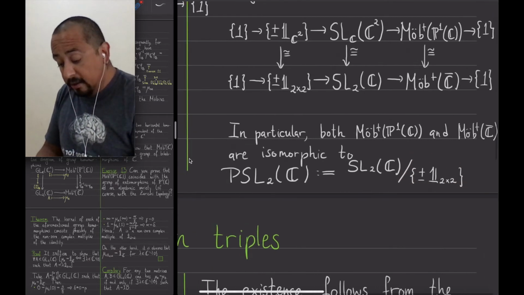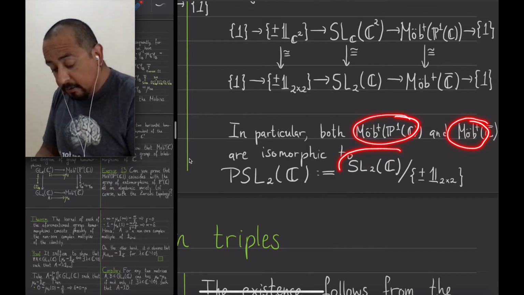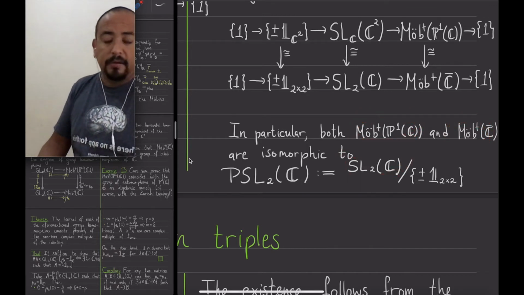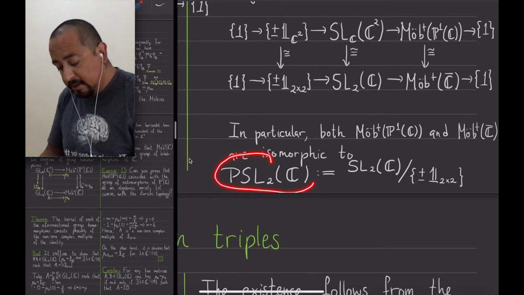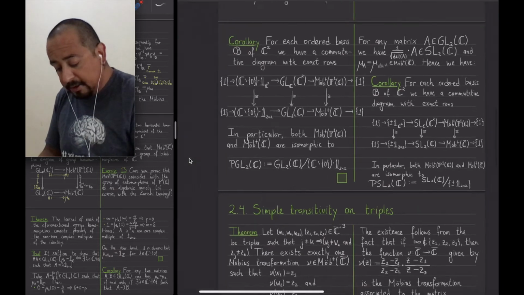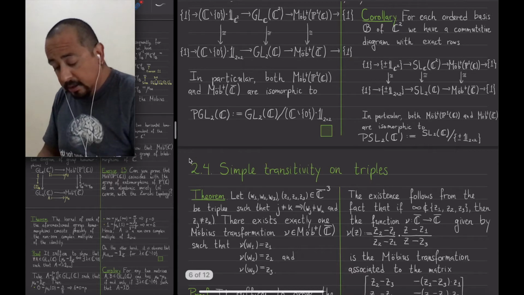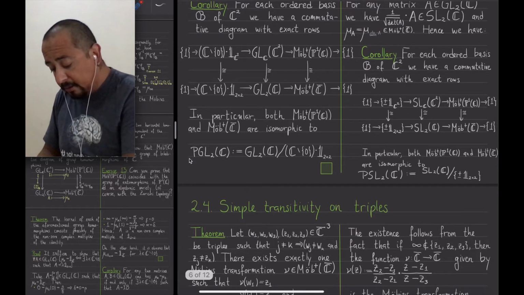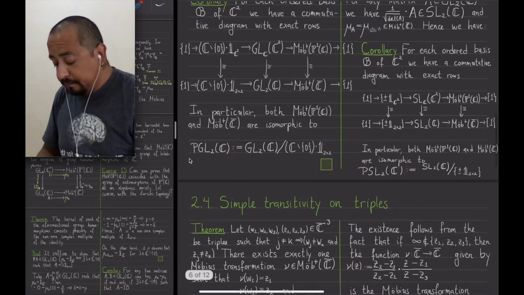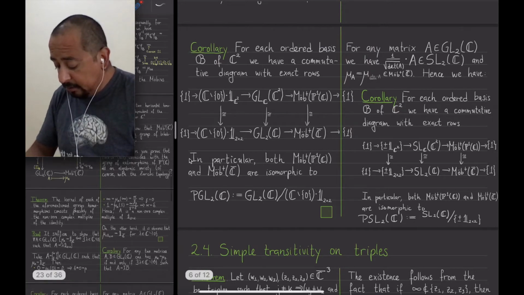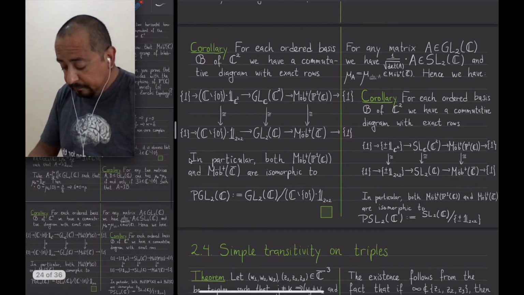So this tells me these ones are almost SL2C. And this is PSL2C, the projective special linear group of C, and as a byproduct, of course, we are asserting that these two are isomorphic. So far for the group structure.